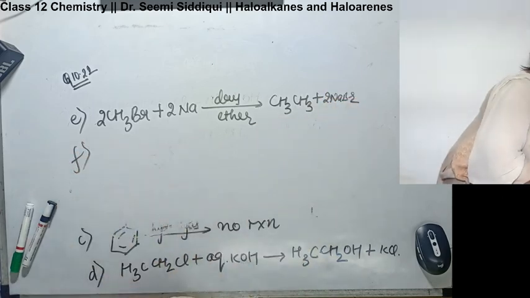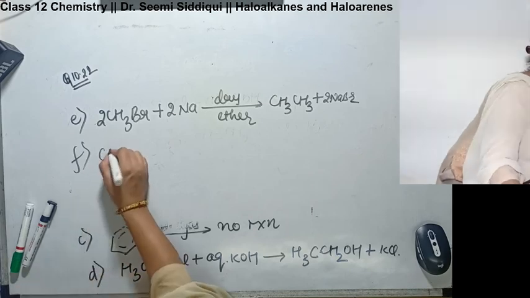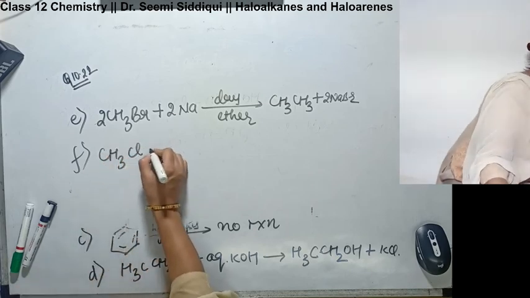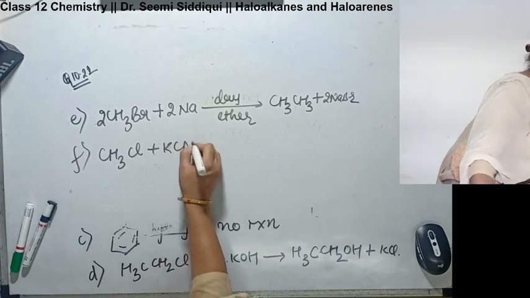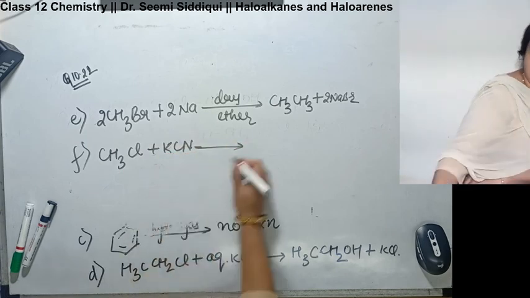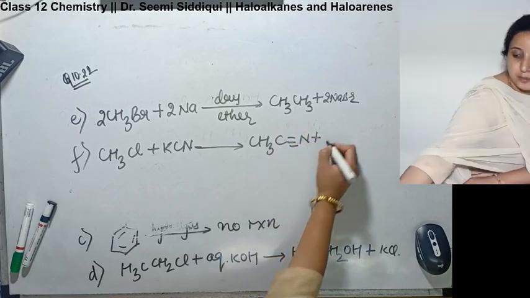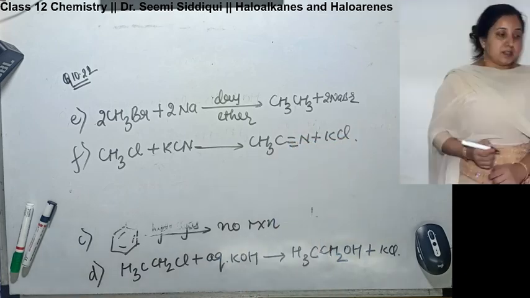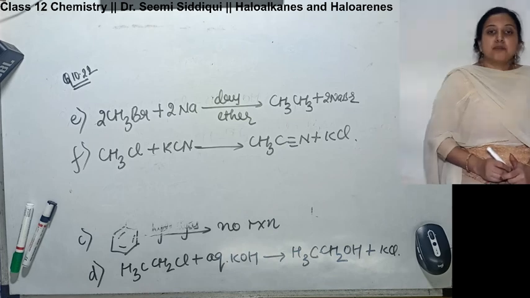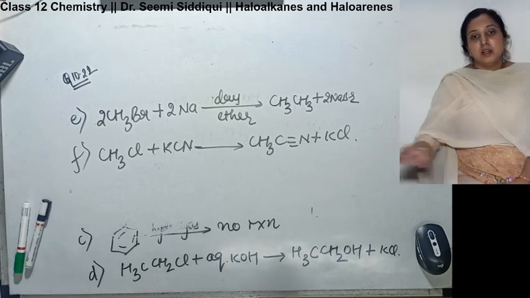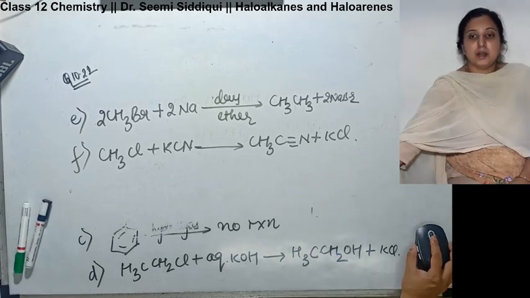And your last is methyl chloride treated with KCN. KCN के साथ treat हो रहा है, means there is an increment of one carbon atom. CH3CN plus KCl. Got it? With this we finish our exercise questions of the haloalkane and haloarene unit.